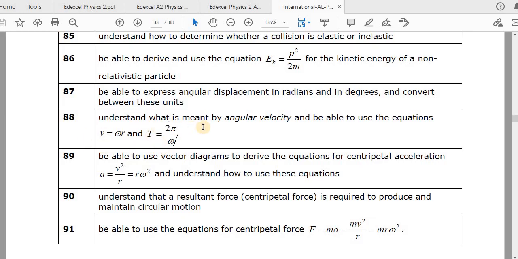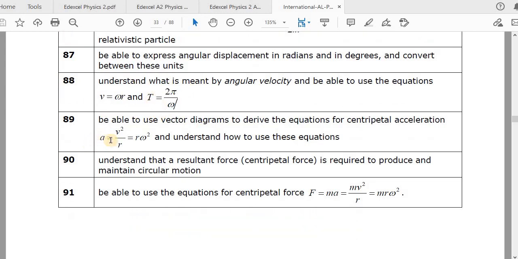And we have some equations here. Then you have another equation that has the acceleration. We call this acceleration centripetal acceleration. So you would have learnt in the Edexcel 9-1 or O-level classes that anything that is moving in a circle or a circular path, even if it is moving at a constant speed, will have a resultant force acting towards the center of that circular path in which it is moving.